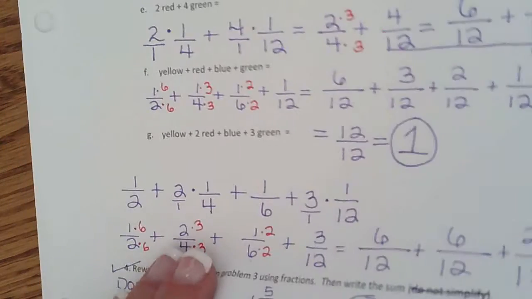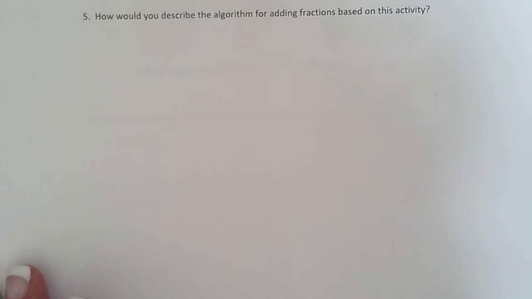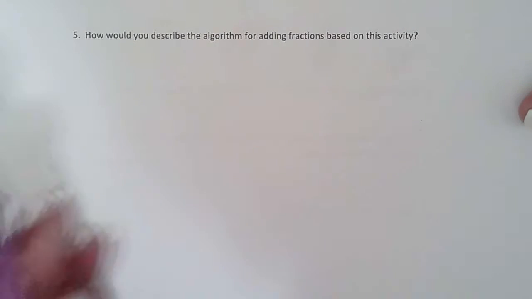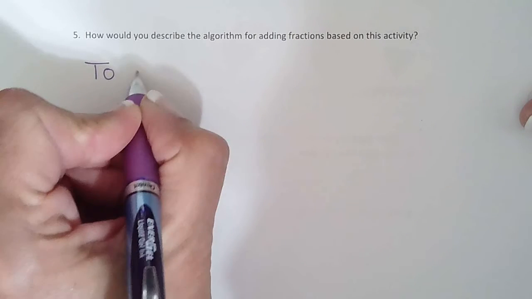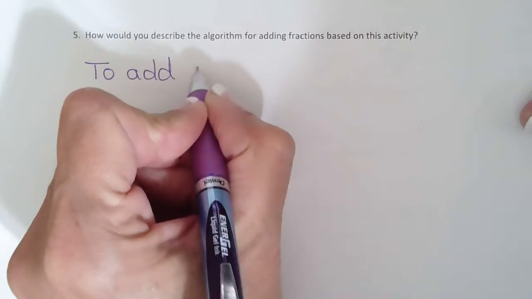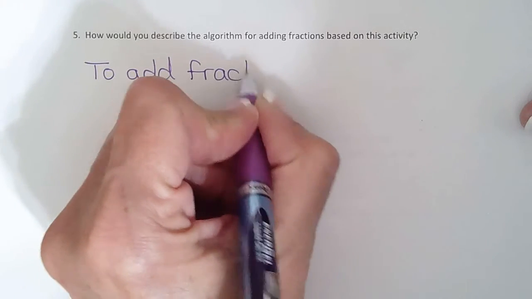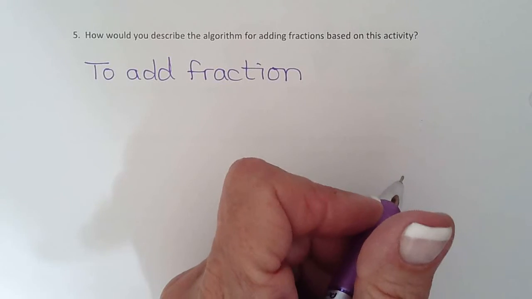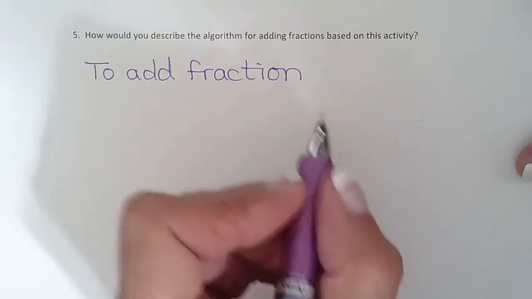Okay, let's go over to the next page. It now wants us to write an algorithm for addition. So how can we describe what we had to do? So to add fractions, we need what? We make all fractions with the same denominator.